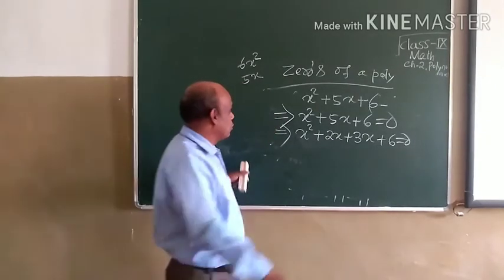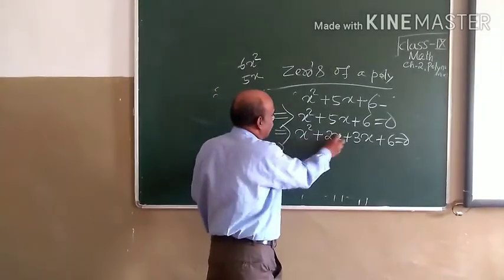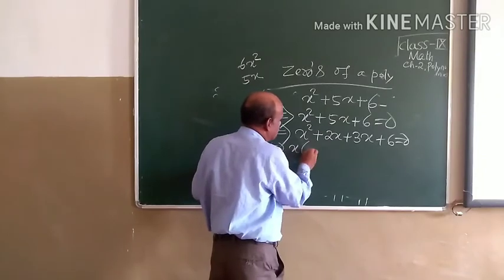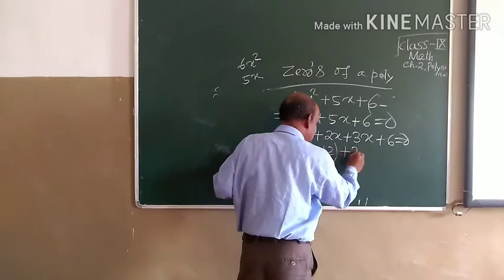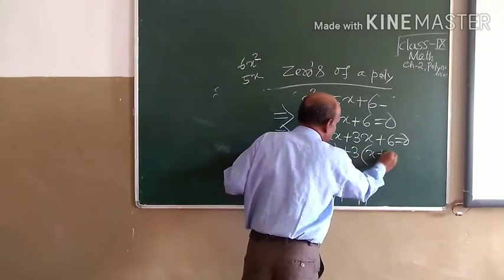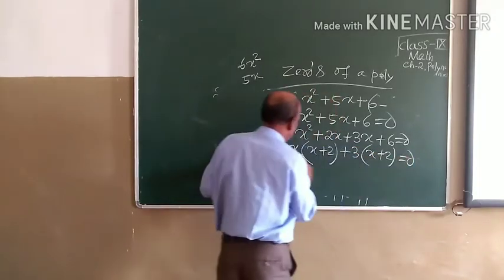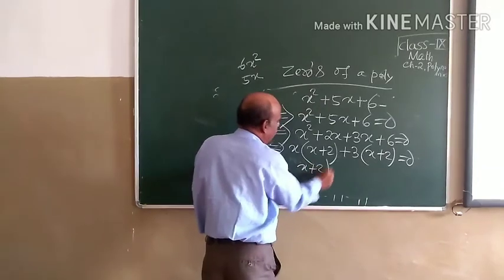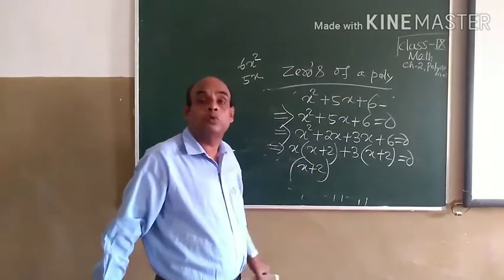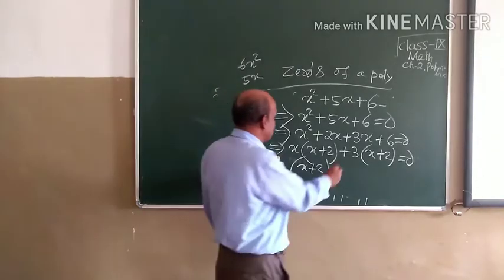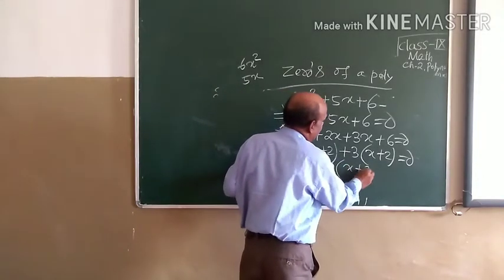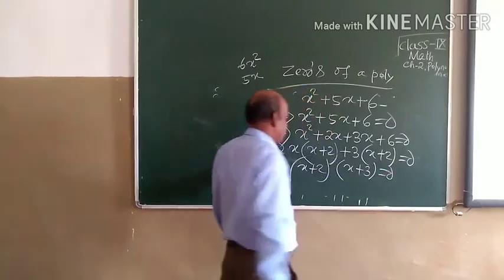into last. So now taking common from the first two, x is common: x plus 2. From the last two, 3 is common: x plus 2. So we got x plus 2 as a whole common, x plus 2 is in both. Therefore, x plus 2 whole into x plus 3 is equal to 0.